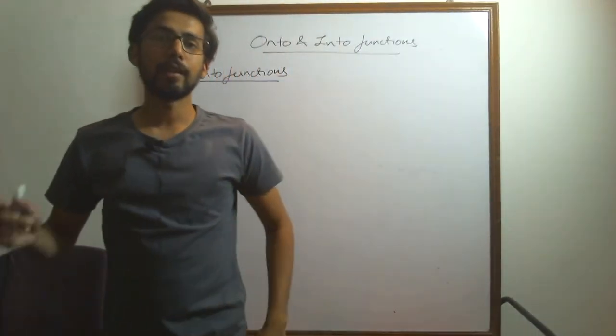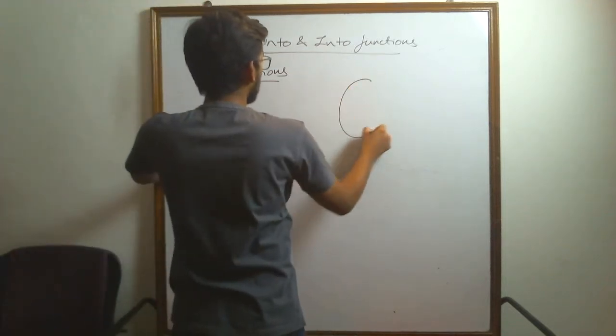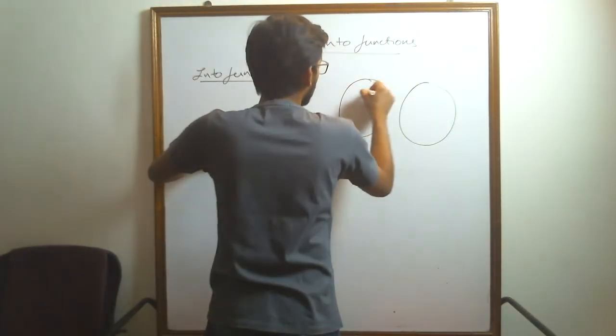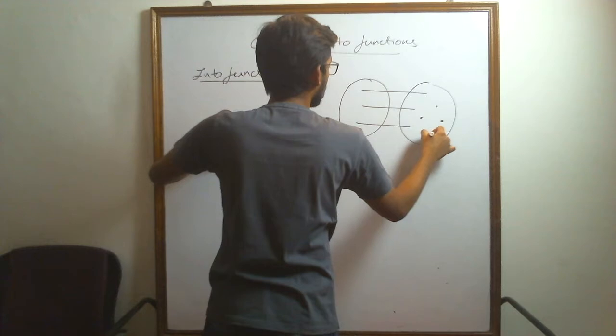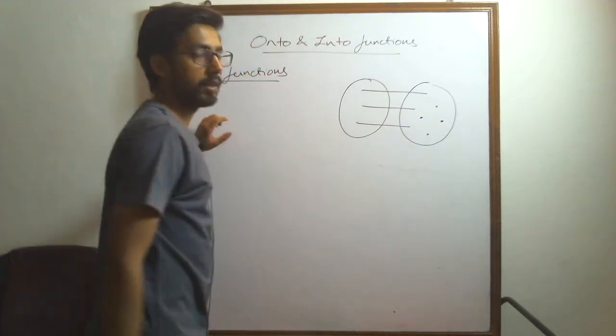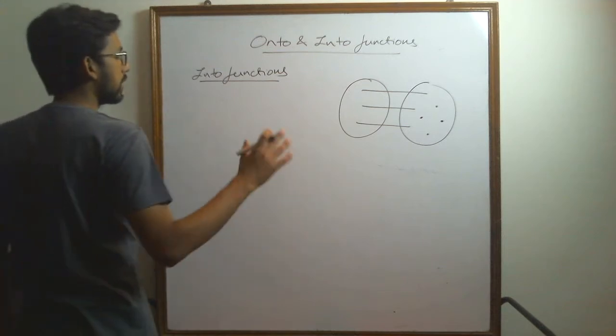That means there are free elements in the codomain in case of into function. So if there are some free elements here in the codomain, that would mean that this is an into function. So any function which is not onto is an into function.